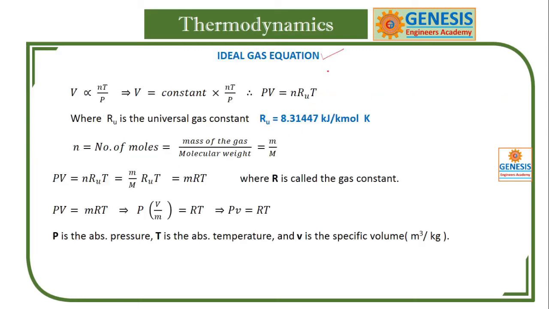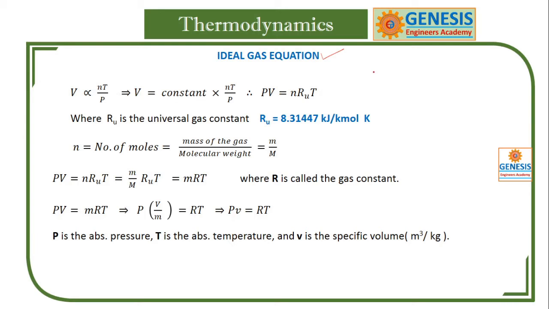Next one is the ideal gas equation. I will explain how the ideal gas equation has been derived. But some people get confused using these equations and fail to remember what is what.